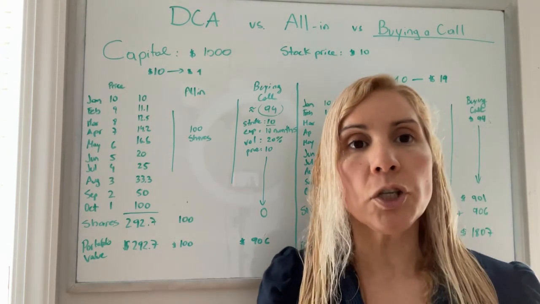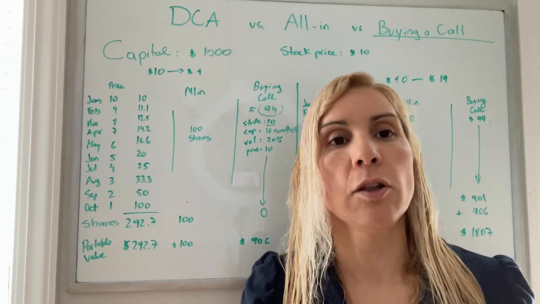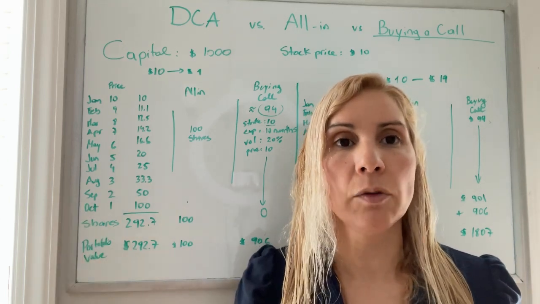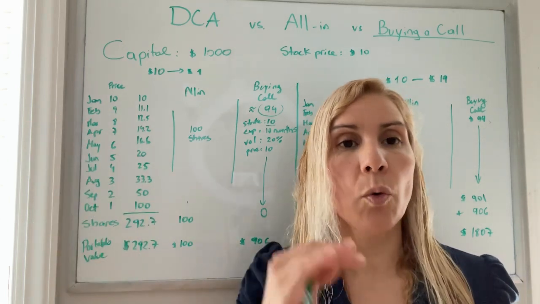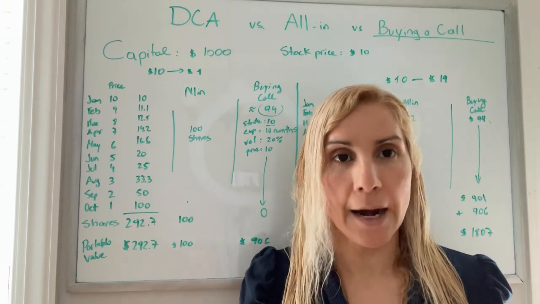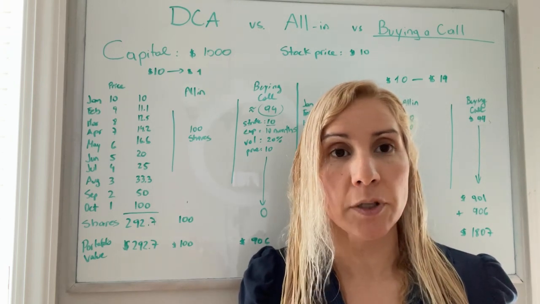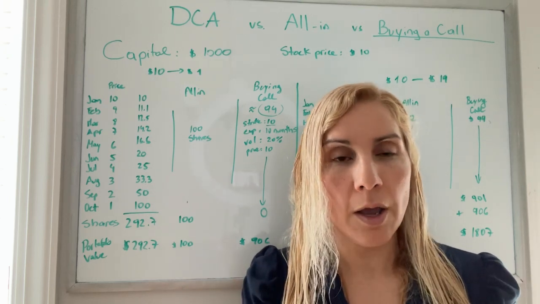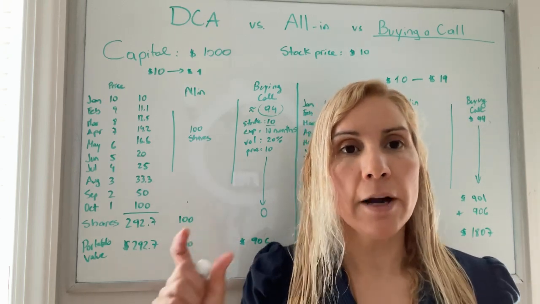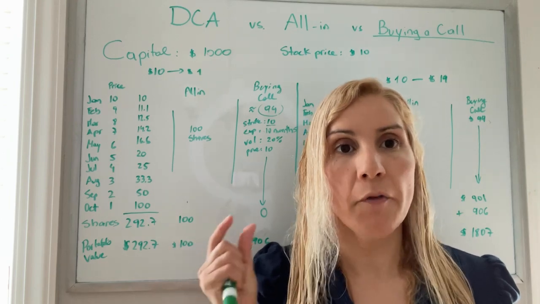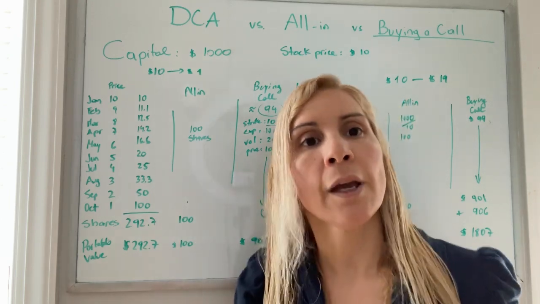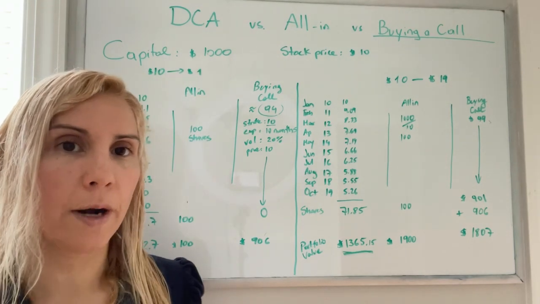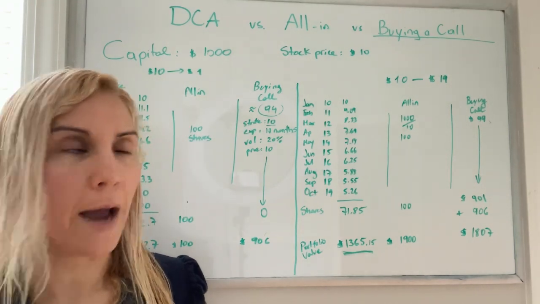So with the option of buying a call, even though the share price went down from $10 to $1, that is like a 90% loss in value, you can see that with the call, we only lost a very small portion of our portfolio value.